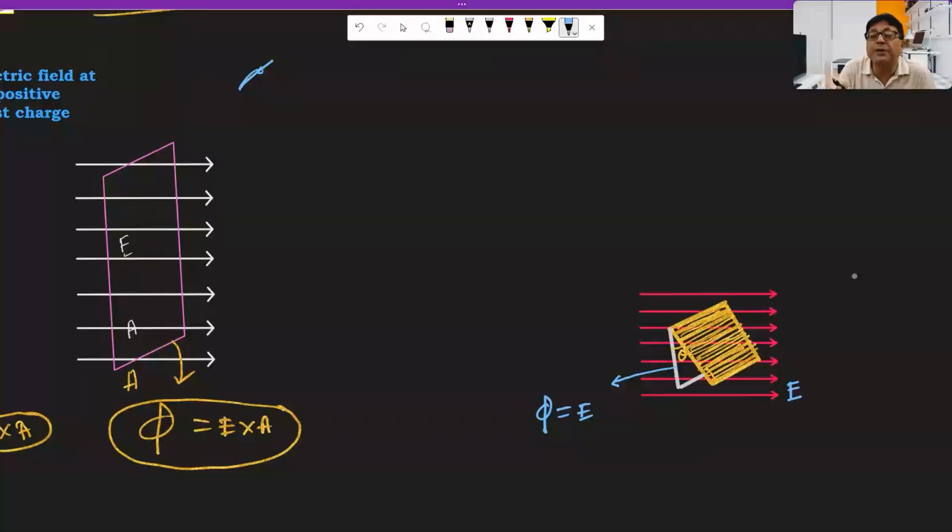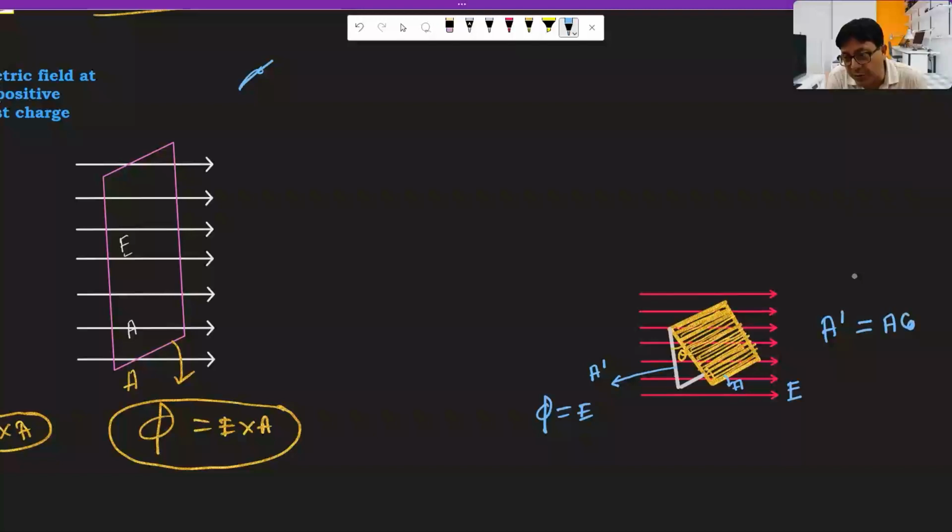If we take the area of the yellow one as A and the area of the white one as A dashed, then A dashed is the projection of A in the direction perpendicular to the direction of lines of force or field lines.